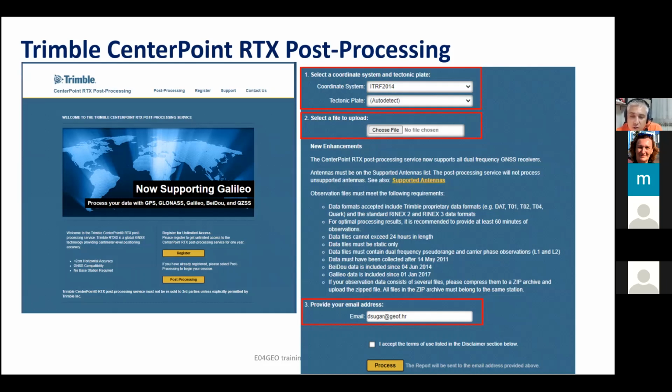Before you proceed, you have to confirm or accept the terms of use. And finally, you have to press the yellow button, process, and the processing is initialized.